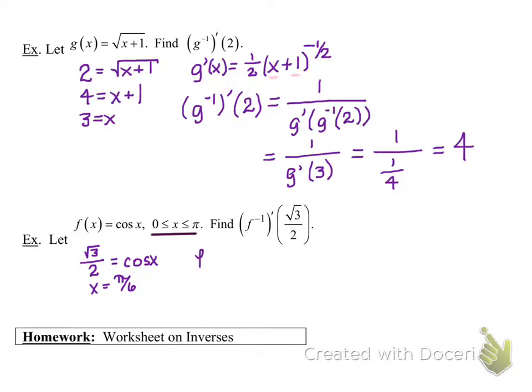Now we need to figure out what the derivative of the original function is. F prime of x would be negative sine x.